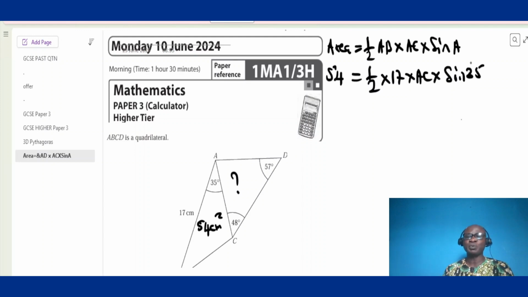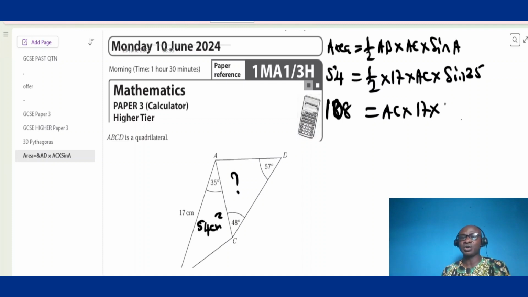At this point, I can cross multiply and use 2 to multiply 54, and that will give me 108. So I have 108 equal to 17 times AC multiplied by the value of sine 35, which is 0.5735.